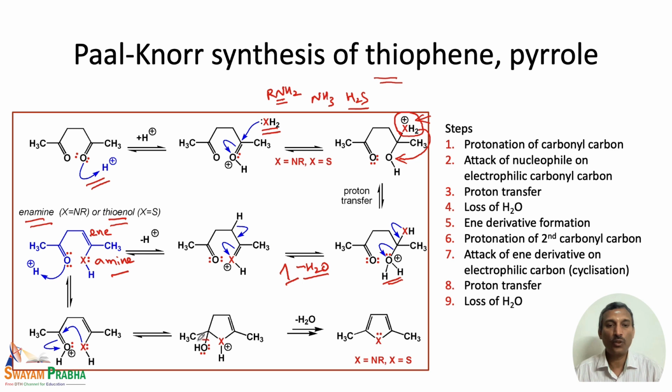That leads to the formation of the hydroxy derivative, and this hydroxy derivative undergoes the loss of a water molecule. So, one of the hydrogens is shifted here and the OH is lost as a water molecule. Then we end up with the corresponding pyrrole or thiophene derivatives. So, this is how the overall reaction, that is the mechanism for thiophene or pyrrole, proceeds.